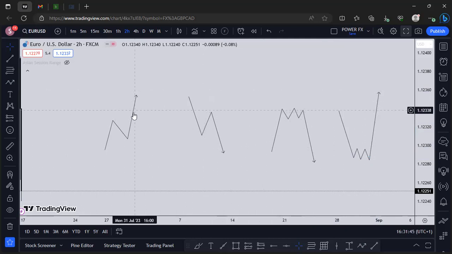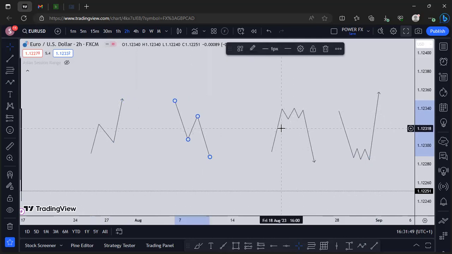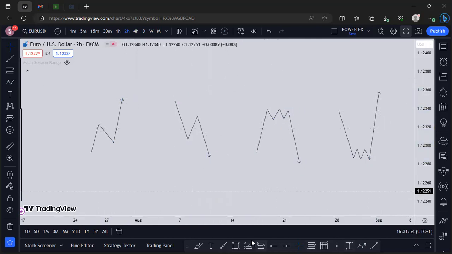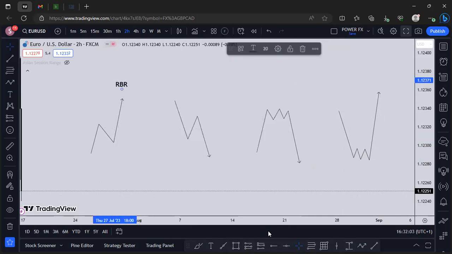Can you see all of these things? Hello? Okay. So we have the rally base rally, here we have rally base rally.